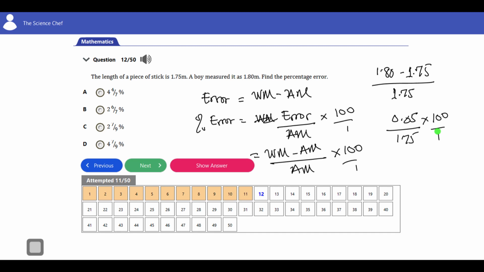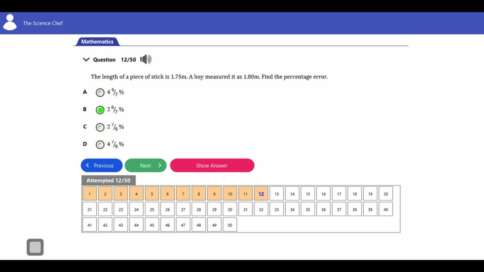If we evaluate that, you should get 2.87 something, which is 2 whole number 6 over 7%, which is option B.